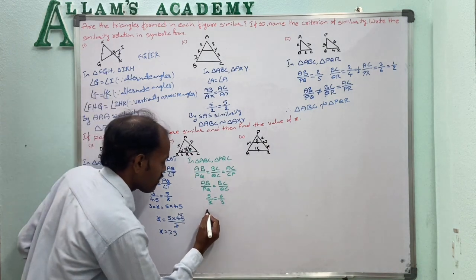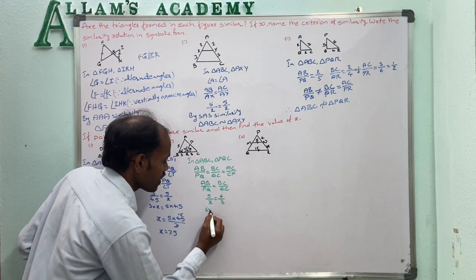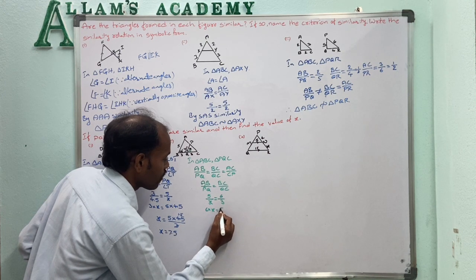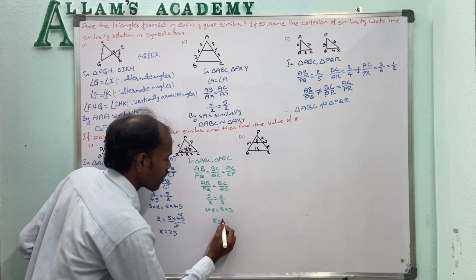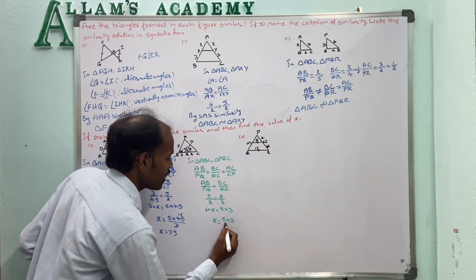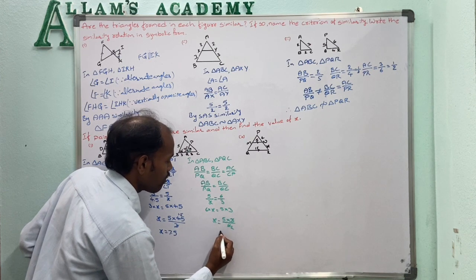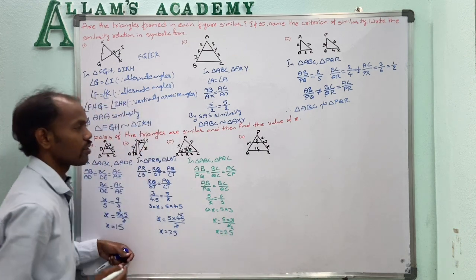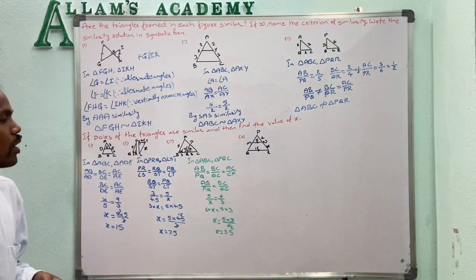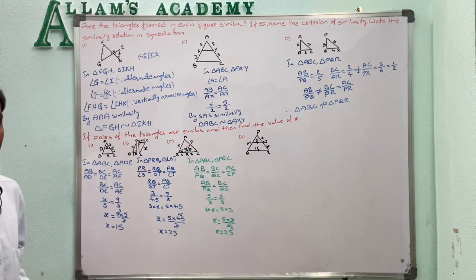Now by cross multiplication, 6 into x equal to 5 into 3. So x equal to 5 into 3 by 6, 3 ones are 3, 3 twos are 6. So 5 by 2 is nothing but 2.5. So here x value is 2.5 units.